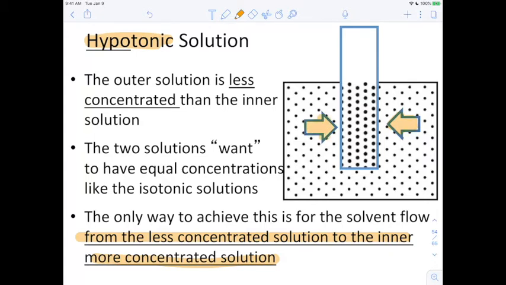So it's going to flow into the inner chamber, which could be a red blood cell or it could be something else. But it's flowing inward with the attempt to dilute the inside and to concentrate the outside. So if you think of what's going on, it is always driving towards equality.